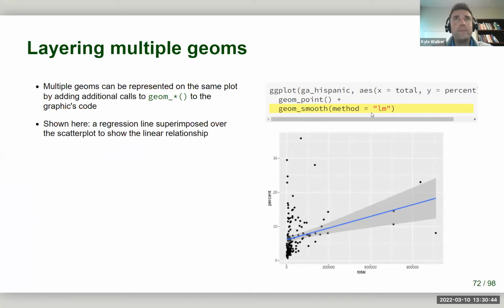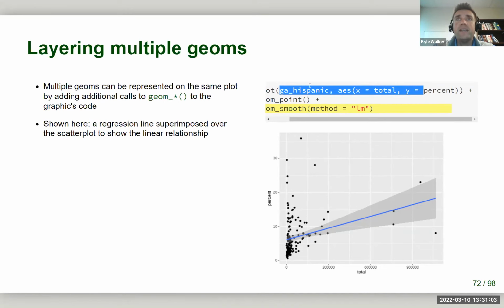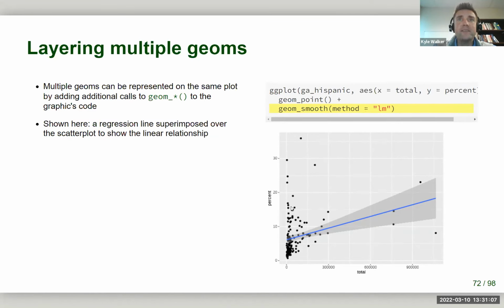One thing that's great about ggplot2 is you can layer on additional geoms if you want to superimpose one geom over another. In this particular case, each geom picks up the same aesthetic specified in ggplot, but they just draw different graphical elements on the chart depending on what the specific function implements.